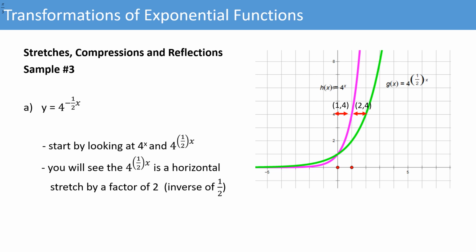And you will see how our graph has moved over, and in fact, it has doubled. So the 1/2 in front has in fact doubled, stretched by a factor of 2, which is the inverse of 1/2. So you will see the 4 to the exponent 1/2 x is a horizontal stretch by a factor of 2, which is the inverse of 1/2.